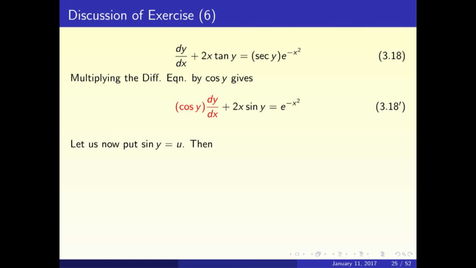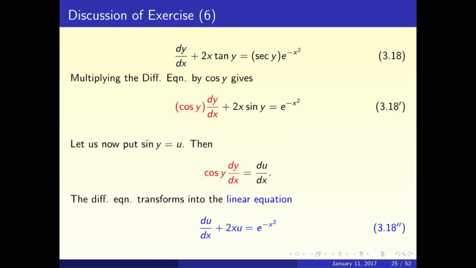Now let's put sin y equals u. Then what is du by dx? du by dx is cos y dy by dx. So the term cos y dy by dx has also been written in red. So what happens to the differential equation 3.18 prime?